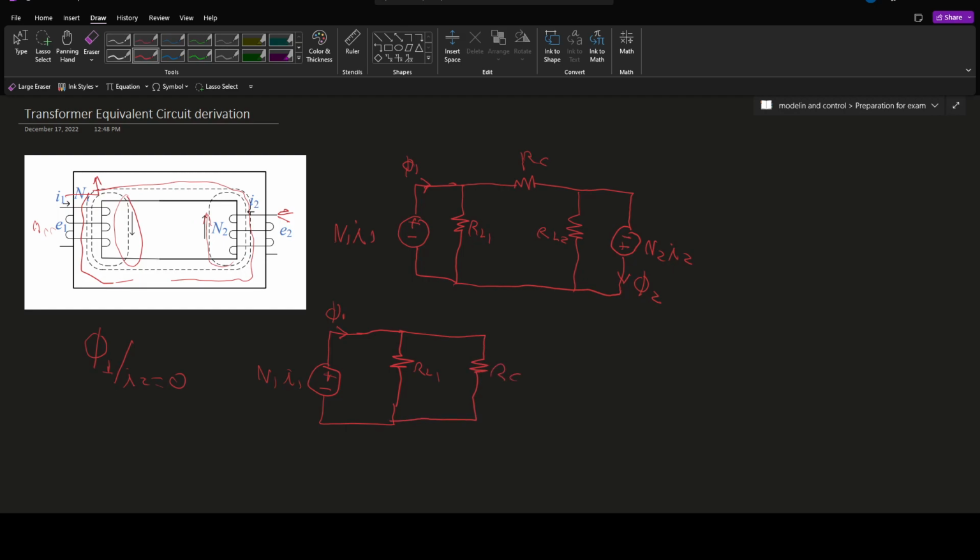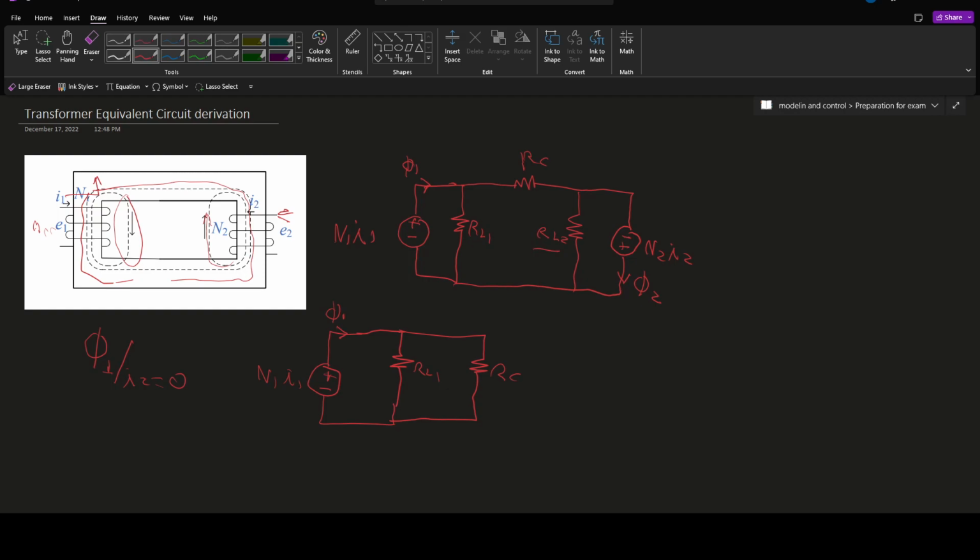Now we don't have this other leakage flux, because this current is 0, so this is just a short, so we are not producing this leakage, RL2.